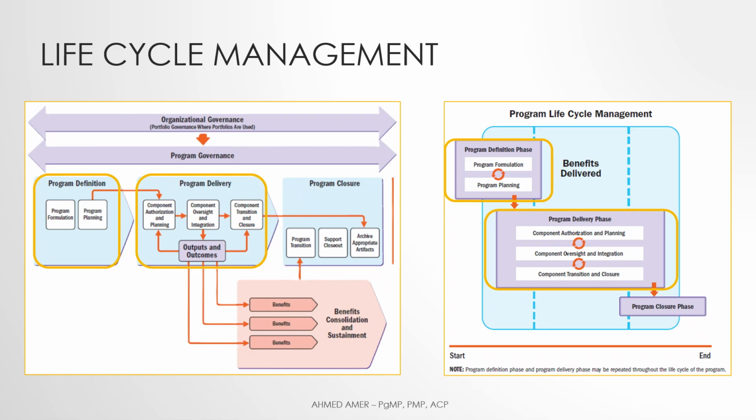As you can see, everything flows naturally. Throughout this phase, individual components are initiated, planned, executed, monitored, controlled, evaluated, and closed, while benefits are mostly delivered, transitioned, and sustained. This is an important point to watch out for.